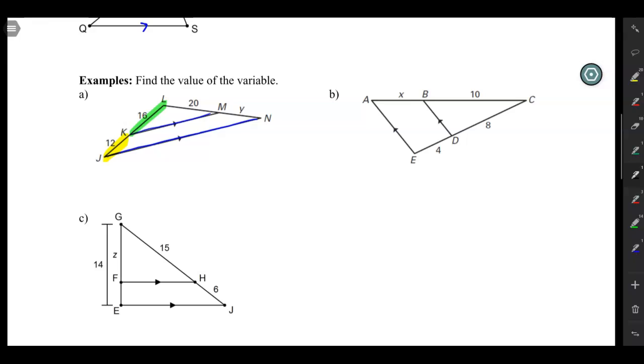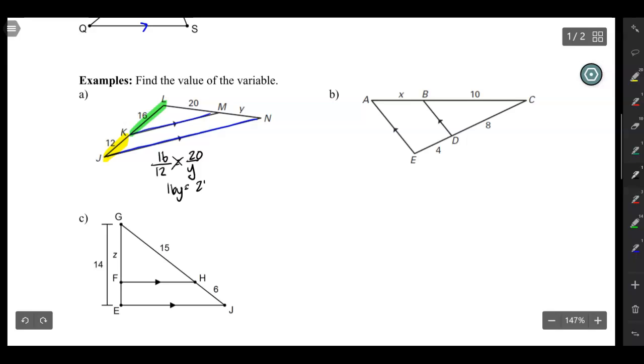This means that 16 to 12 is proportional to 20 to y. Once I've set up that equation, it's just a simple matter of solving the proportion. I get 16y equals 240. Divide both sides by 16, and y is equal to 15.